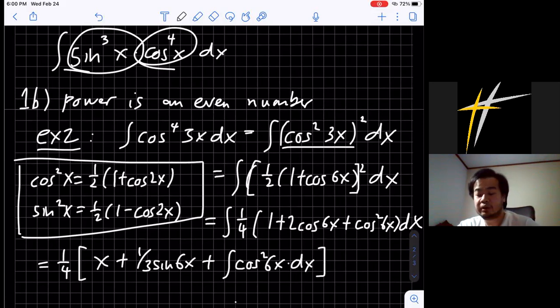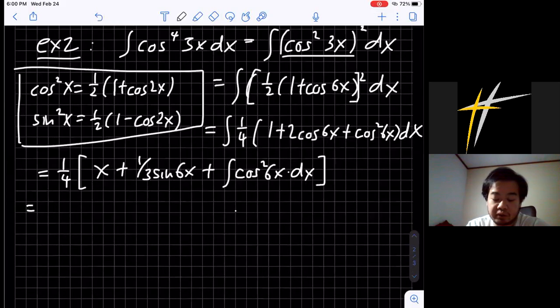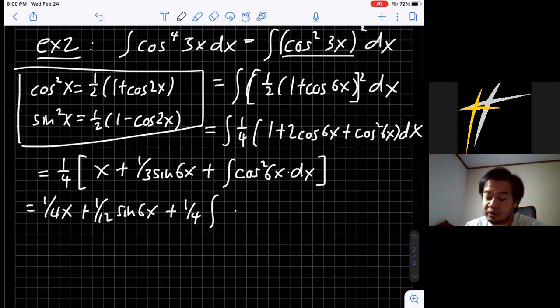Now notice that this is already simpler. If you do it correctly, you may still have an integral, but it's supposed to be simpler. From power of 4, now it's a square. So if you still have a power like this in the integral, do it the same way. So it's equal to 1 over 4 x plus 1 over 12 sine 6x plus 1 over 4 integral of cosine square 6x.